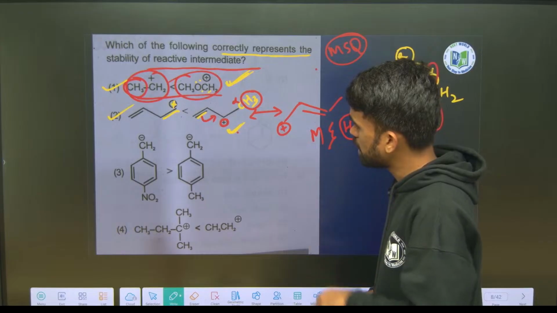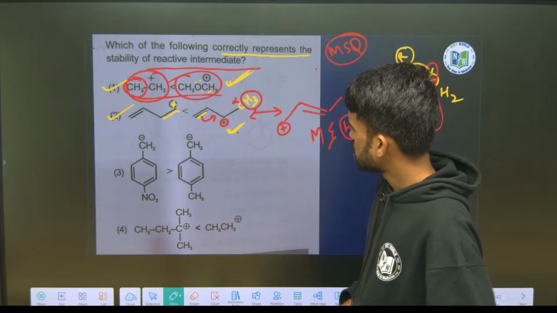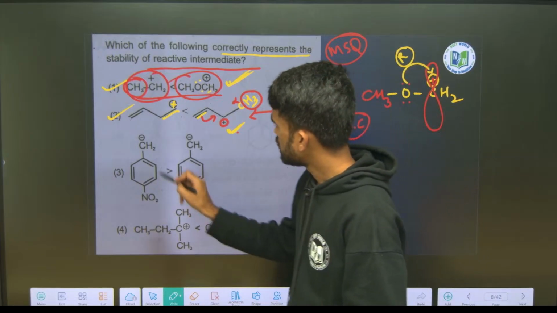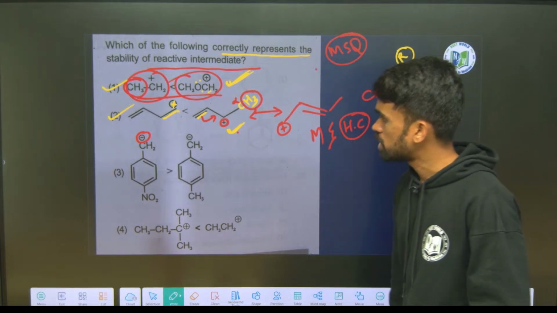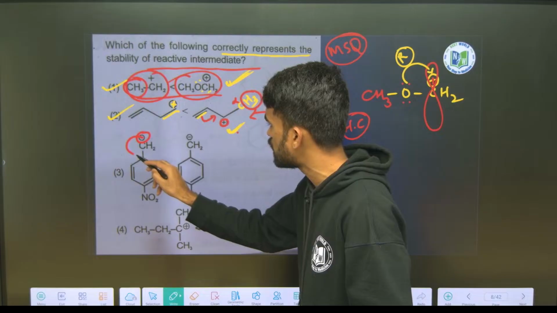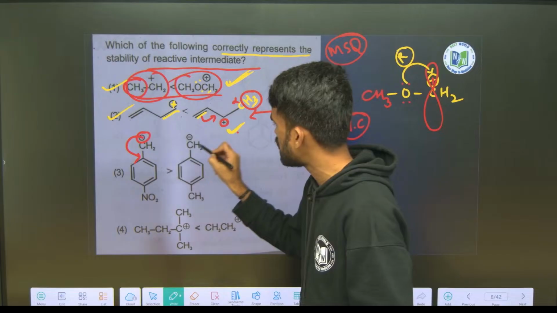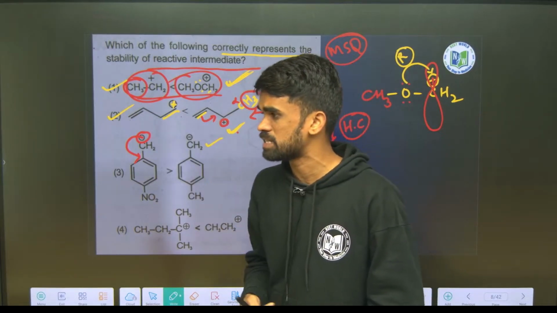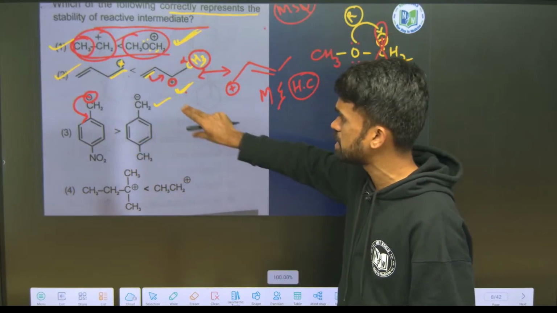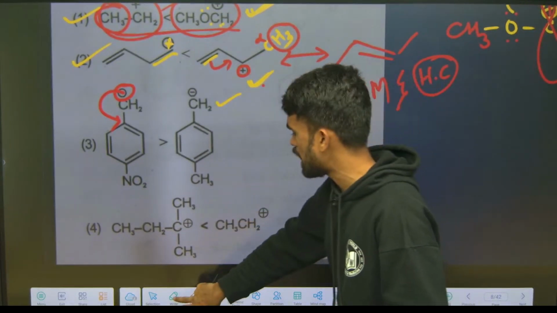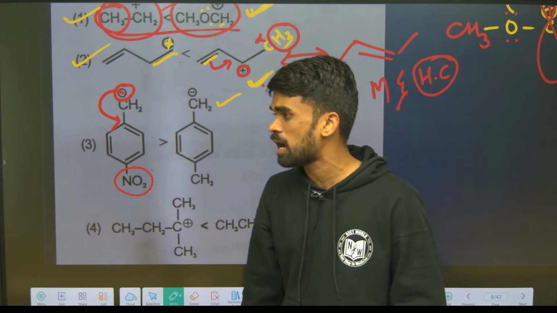Next, look at here. What they are saying here, see, in this case the negative charge is there. In order to stabilize this negative charge, that negative charge has to be dragged into the ring. If that negative charge is taken into the ring, then that carbon with the charge will be stabilized. That negative charge is dragged inside more effectively when we have an electron withdrawing group on the benzene ring at the para or ortho position.